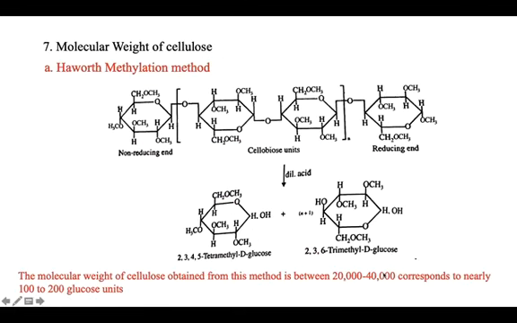Now, moving further, to know the number of glucose units present or the molecular weight, although it is not soluble in water or normal organic solvents, had it been soluble, we could have easily understood by depression in freezing point or elevation in boiling point.